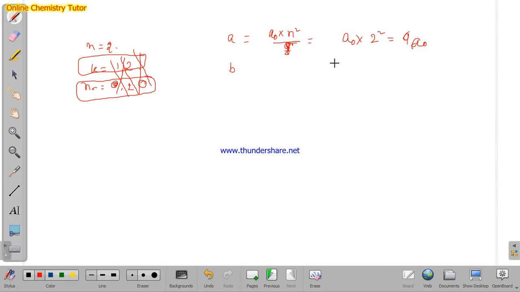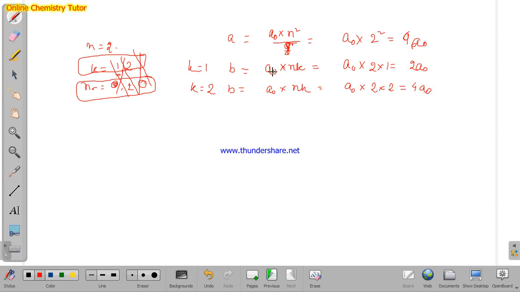So this is the value of a. And what will be the value of b? That is equal to a0 into nk, for two different k values. For k equal to 1, a0 into 2 into 1, that is equal to 2a0. And for k equal to 2, b equals a0 into nk, that is a0 into 2 into 2, that is equal to 4a0.